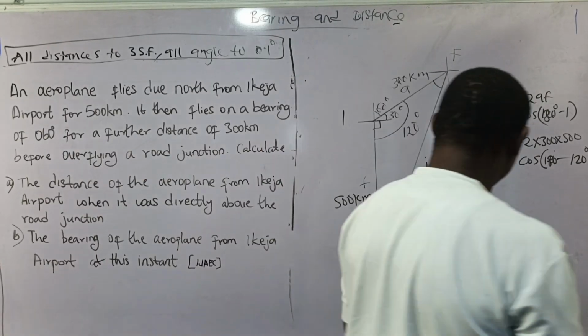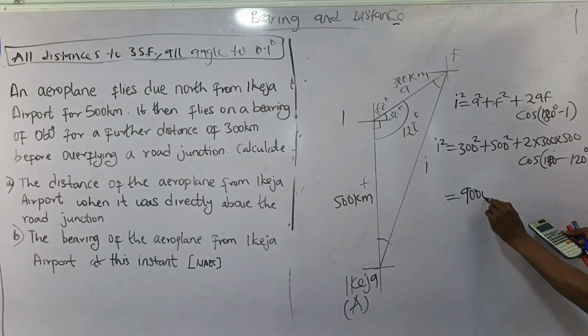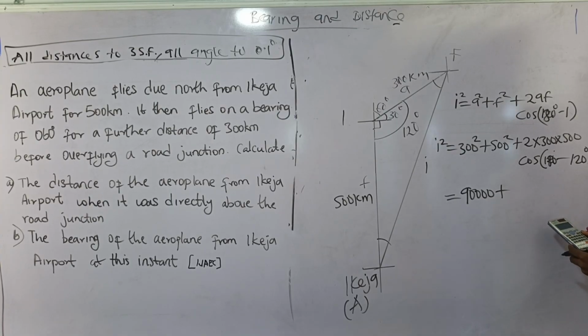So I have 300 squared will give me 90,000. 500 squared gives me 250,000.